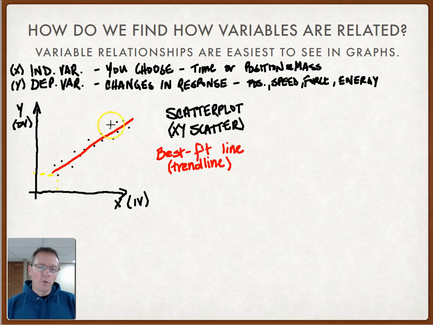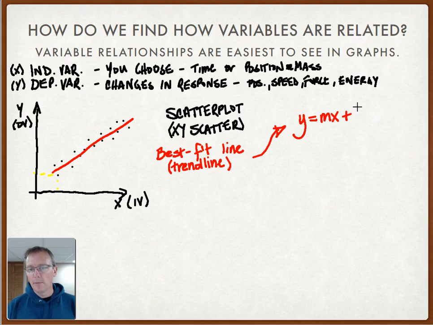So this line right here, this best fit line, tells us the nature of the relationship, because when you have a line, you know that you can take that line and then you can convert it into y equals mx plus b format. So now all of a sudden, instead of having just a data set of scattered points, you have a line which you can then convert into a formula.